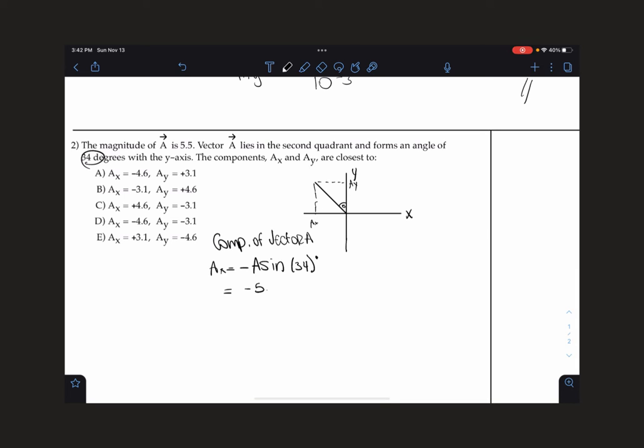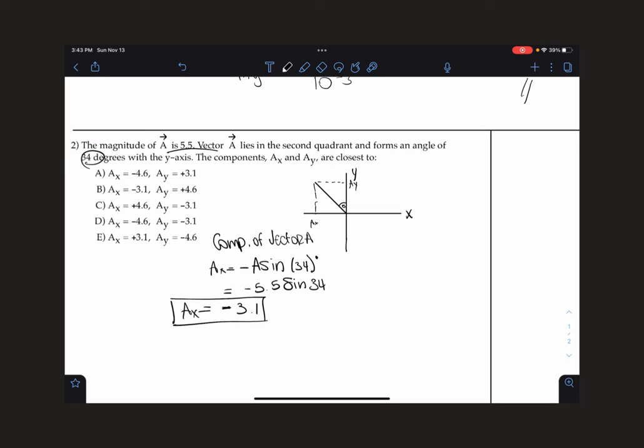This is going to be 5.5, because that's the value of the vector, sine of 34, and that gives us an answer of minus 3.1, and this corresponds to x.